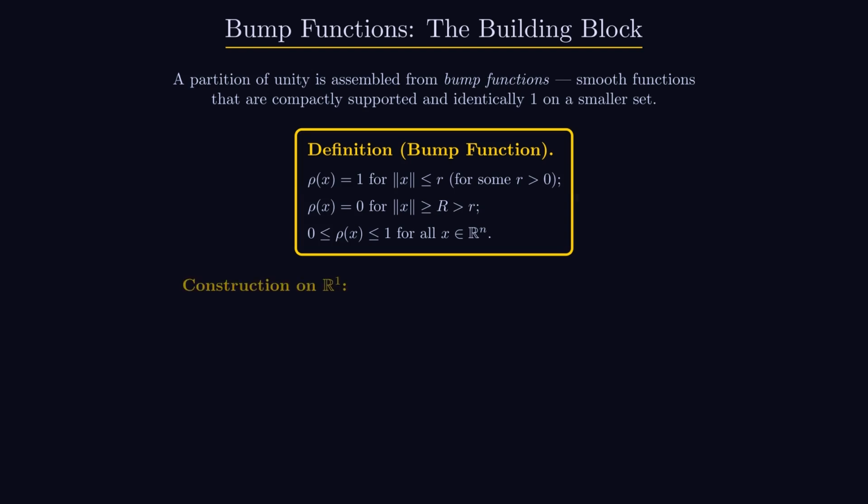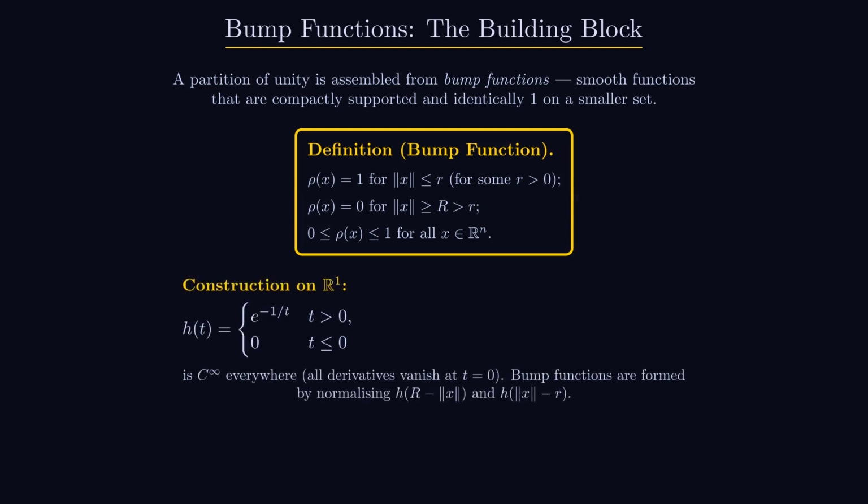To actually build one of these, our key ingredient is a special function of one real variable, h of t. It is defined as e to the negative 1 over t for positive t and identically 0 otherwise. Because all its derivatives vanish at 0, this function is C infinity everywhere. We form our actual bump functions by carefully combining shifts and scales of this exact function.